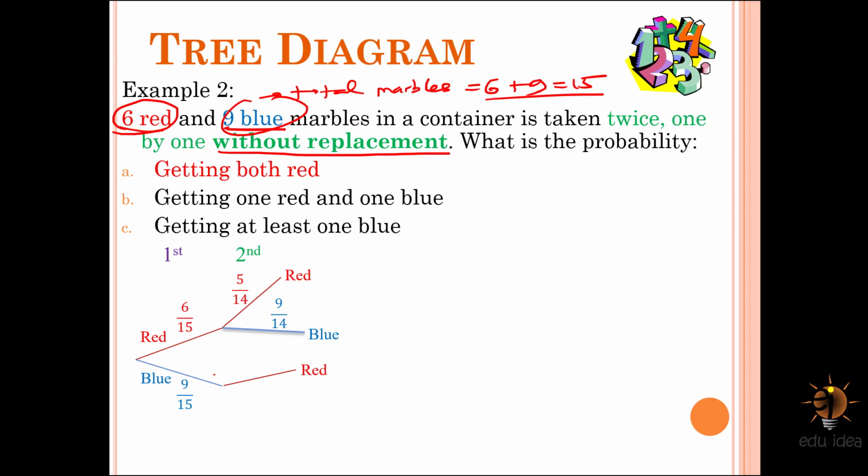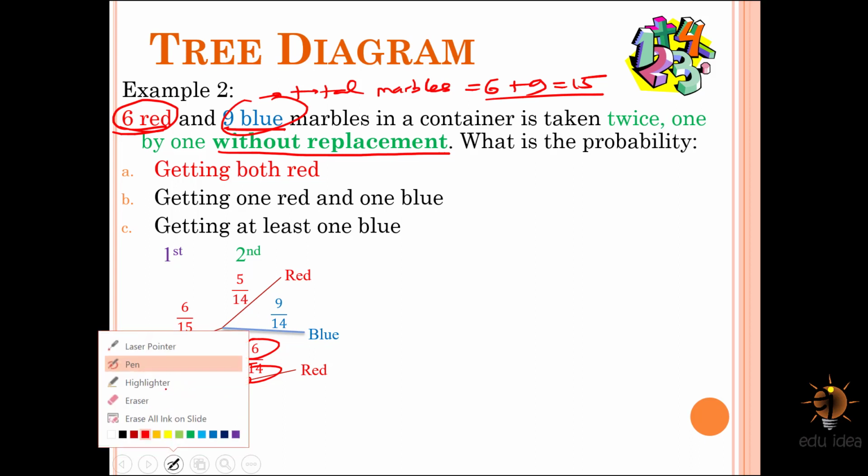And since we have taken 1 marble the first time, that will be 6 over 14. The 6 comes from here because in this branch the red hasn't been taken yet, so we still have 6 red. And for the 14, because we have already taken 1 marble, 15 reduced by 1, you get 14.